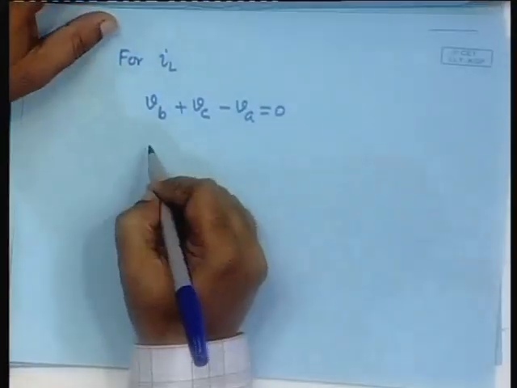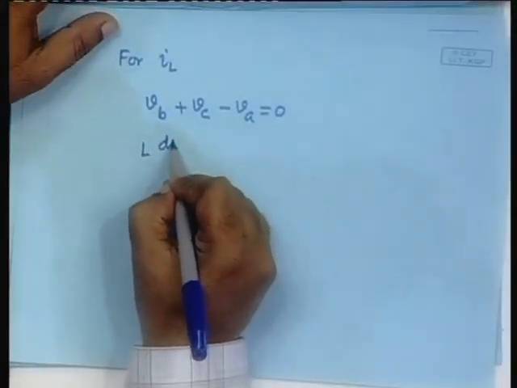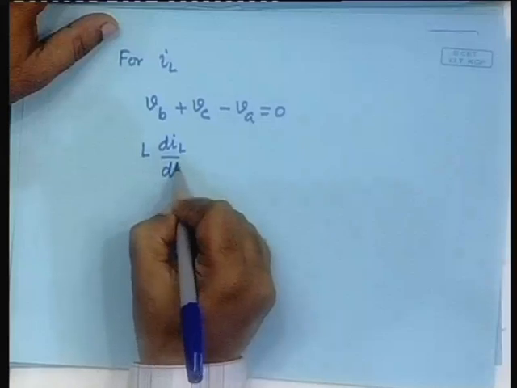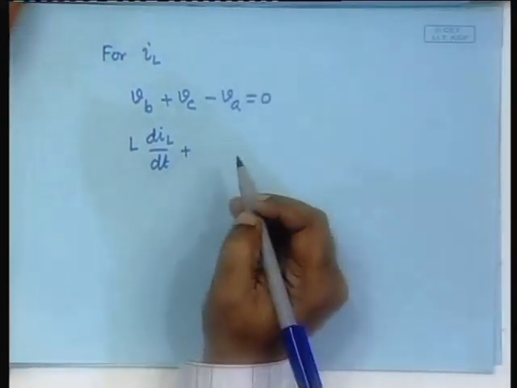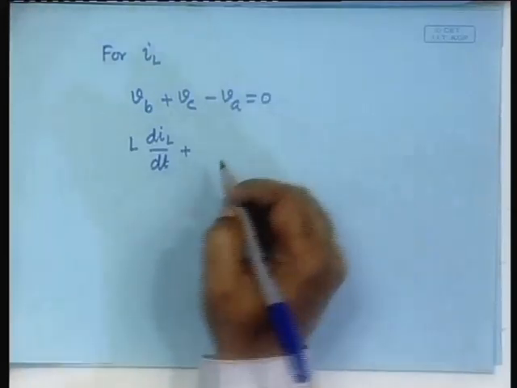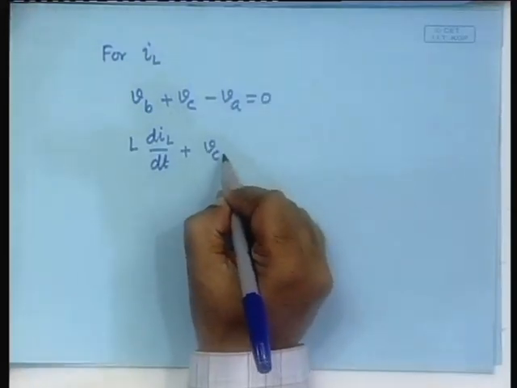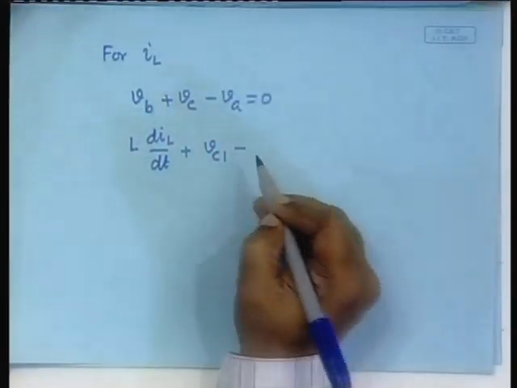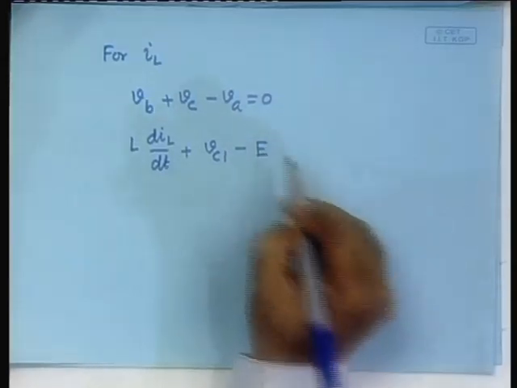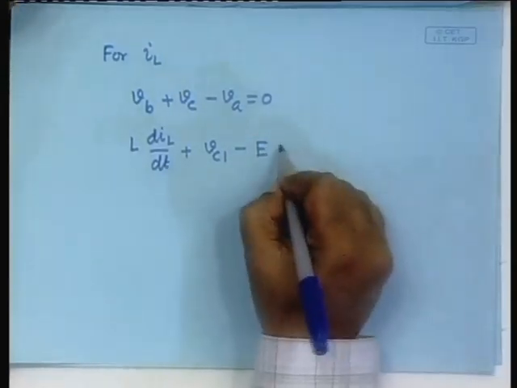Now, your VB is L dIL dt. So, we have got one thing, plus VC is already known, VC is VC1, minus VA is E, equal to 0.